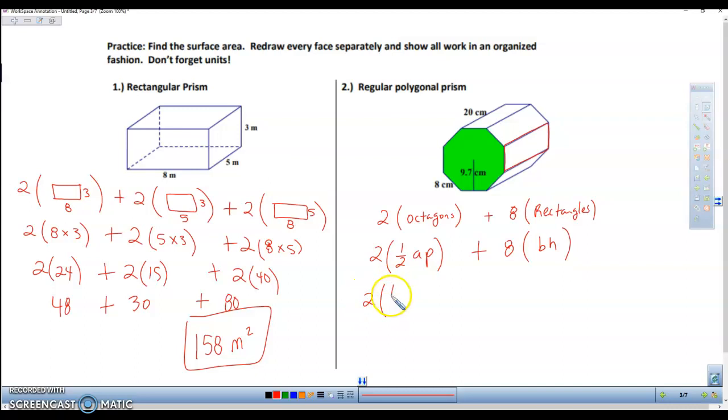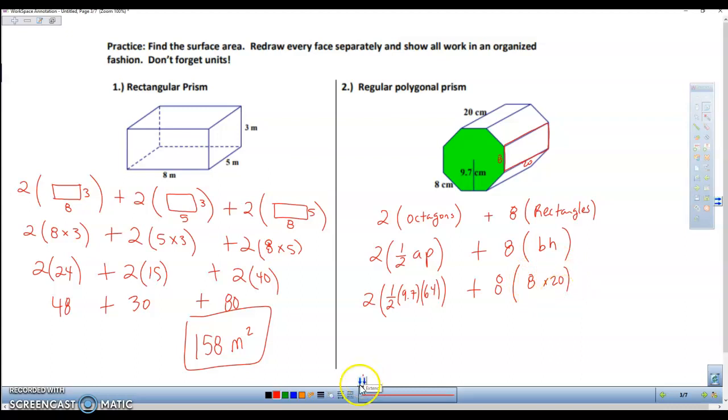For this octagon, the apothem is given to us to be 9.7. And the perimeter, there's 8 sides, and each side is 8 centimeters long, which gives me a perimeter of 64. Plus, when I look at my rectangle, each rectangle has a base of 8 and a height of 20. And now we're just going to crunch the numbers.